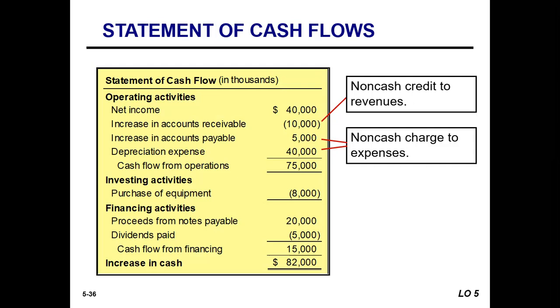We have some inflows, which are shown by the positive numbers, and then some outflows, which are shown in parentheses. So this is an outflow, the purchase of equipment. Dividends paid, this is an outflow, right? Those outflows are shown in parentheses as negative numbers, if you will.